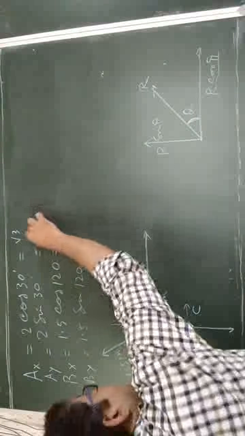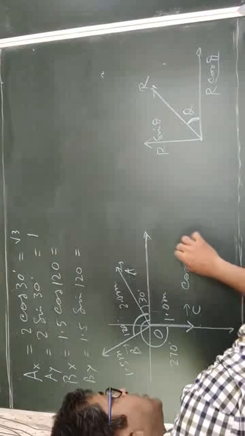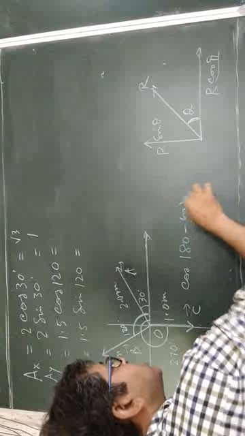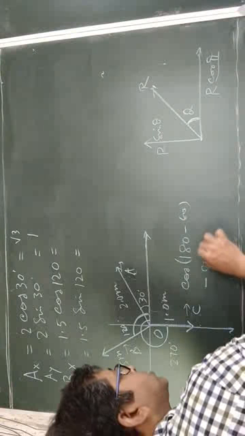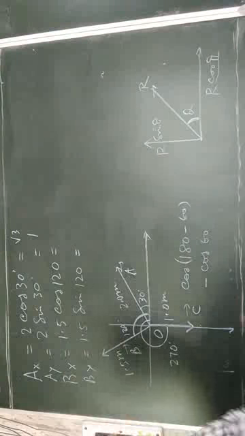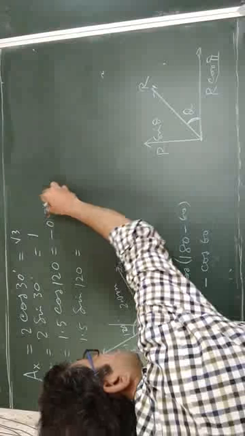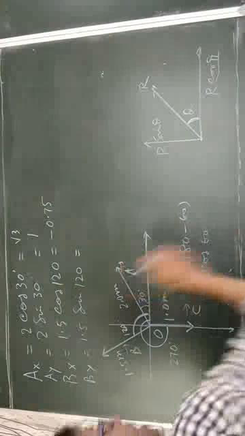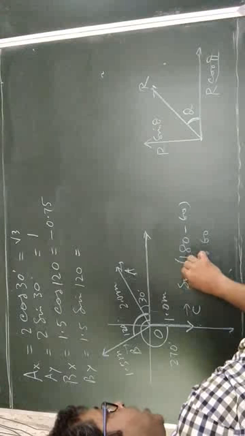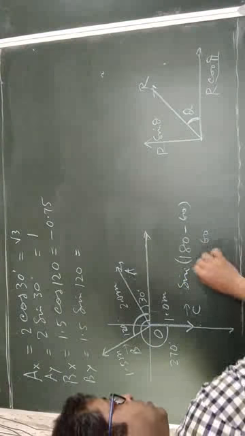Here 1. Here cos 120. That means 180 minus 60. 180 minus 60 means minus cos 60. That means minus half. That means minus 0.75. And sin 120 is sin 180 minus 60. That is sin 60, means root 3 by 2.